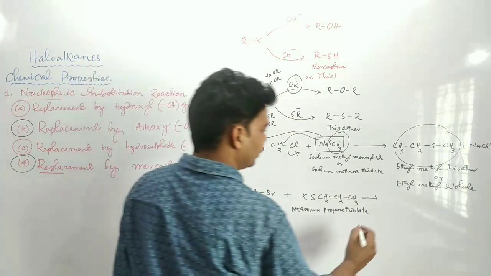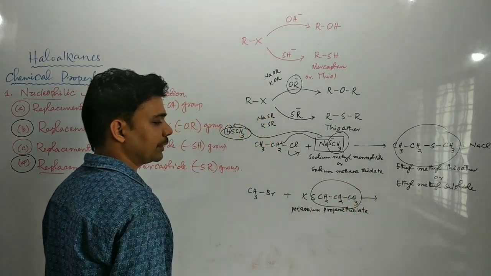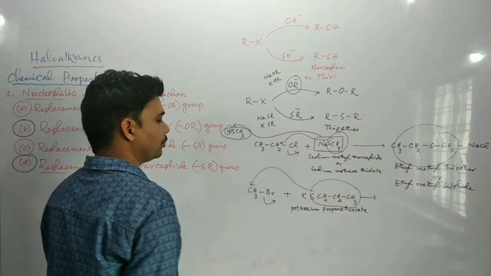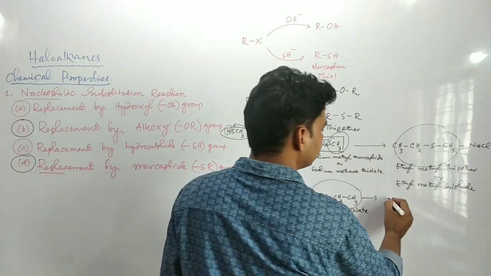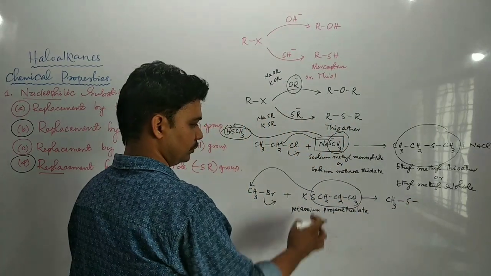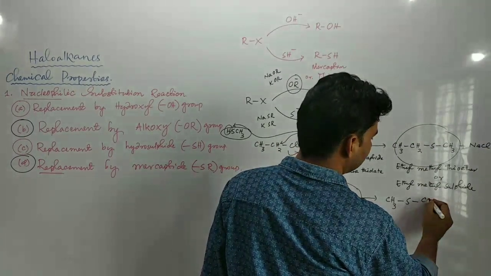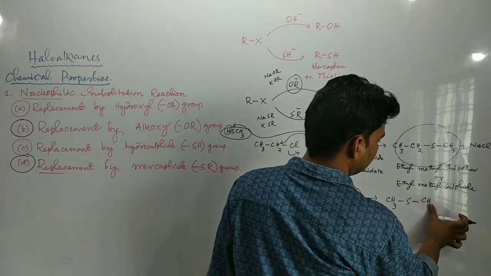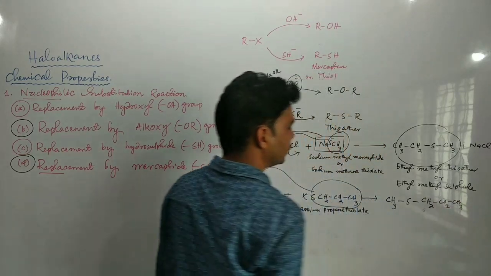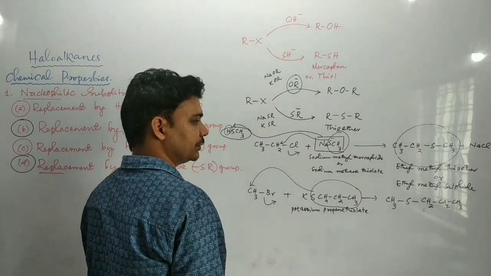So now this is your nucleophile, propanethiolate ion, that will attack this carbon. Bromide ion will leave. Then we will get CH3S. This S is bonded to CH3 group. This S again is attached to CH2CH2CH3. So on one side methyl group, on the other side n-propyl group.